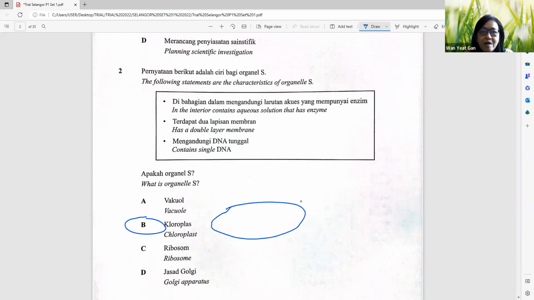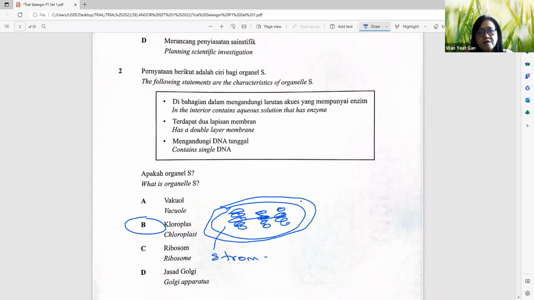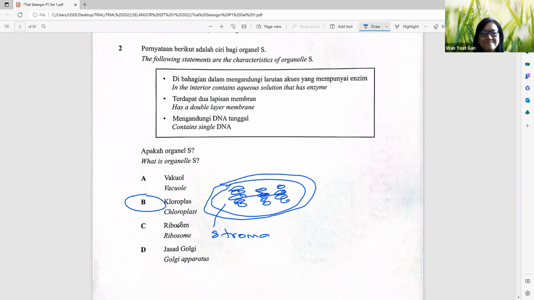Chloroplast also consists of a double layer membrane, and it has thylakoid and grana. So here is the cytoplasm of the chloroplast, which contains a lot of enzyme.